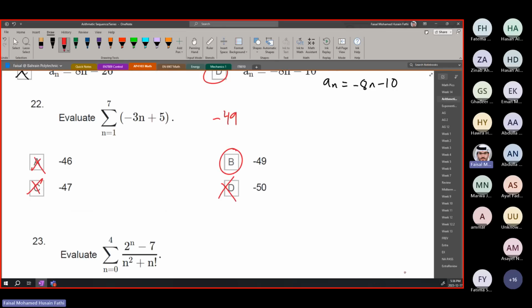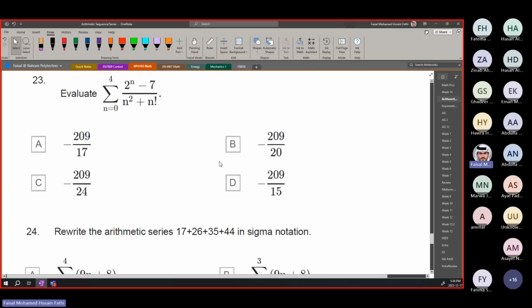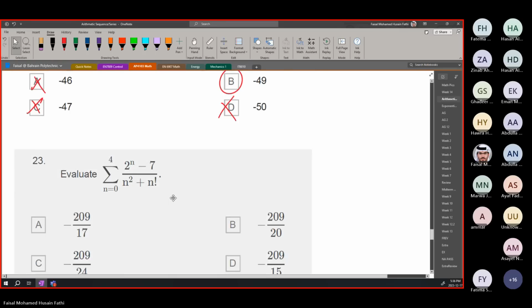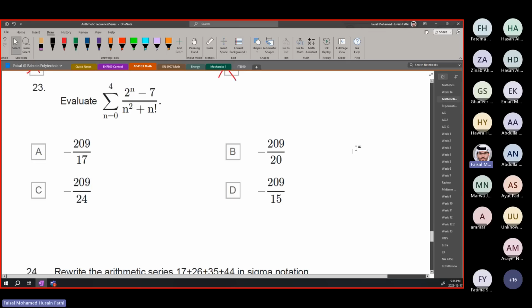Same exact thing with this question. You're going to put this in the calculator and find the answer. Let's do that very quickly. From 0 to 4. Instead of n, it will be x, obviously.